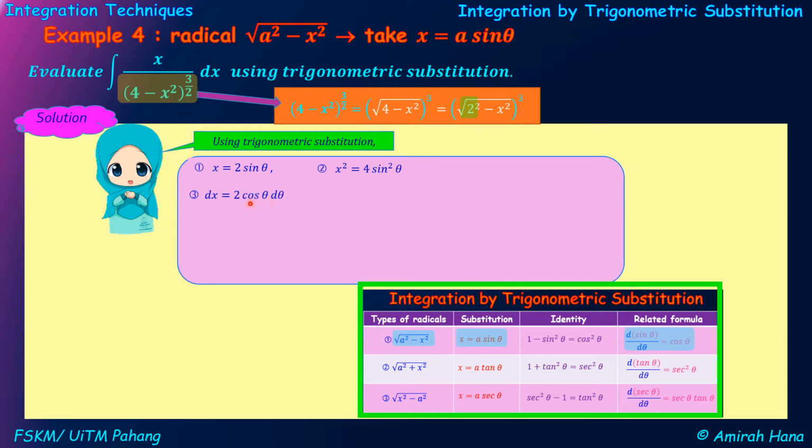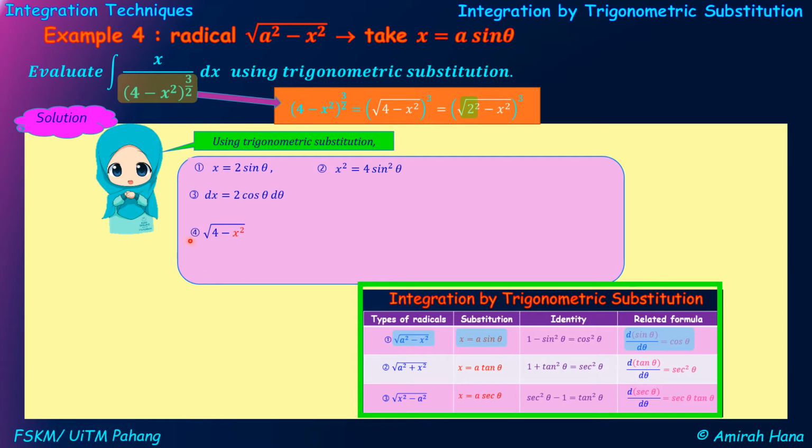So that's why we get this. The d theta comes from the d theta on the left hand side, and we move it to the right hand side, so we multiply by d theta, because we want to write dx as the subject so that we can substitute into the given question.